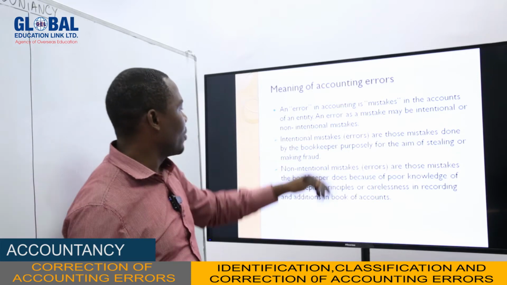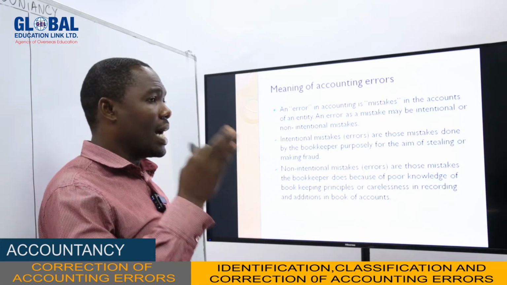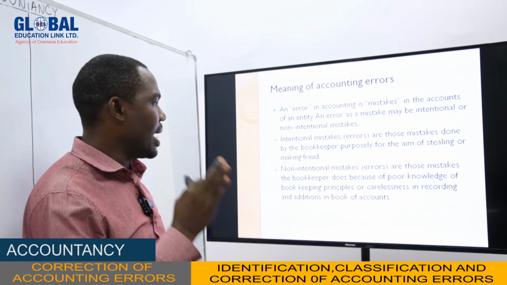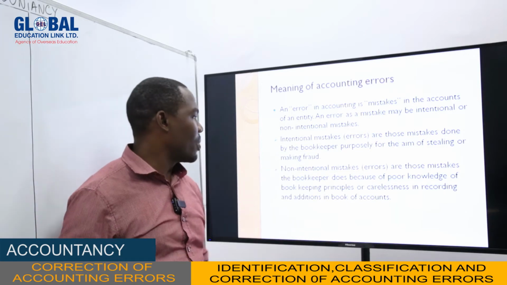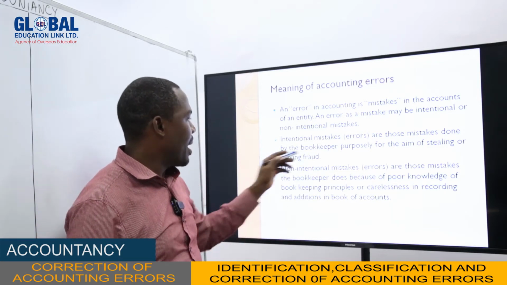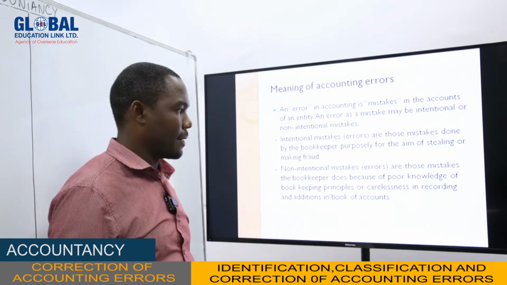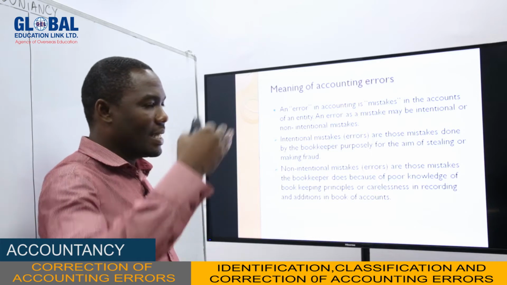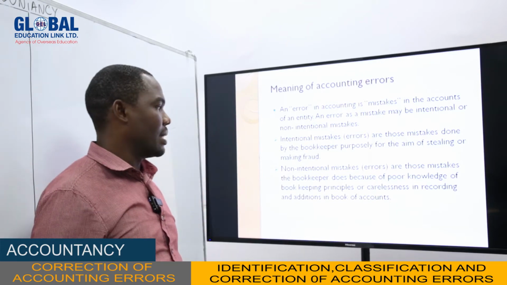With intentional mistakes or errors, the accountant does those errors purposely for the aim of stealing or committing fraud. But there is the other part of non-intentional mistakes or errors.